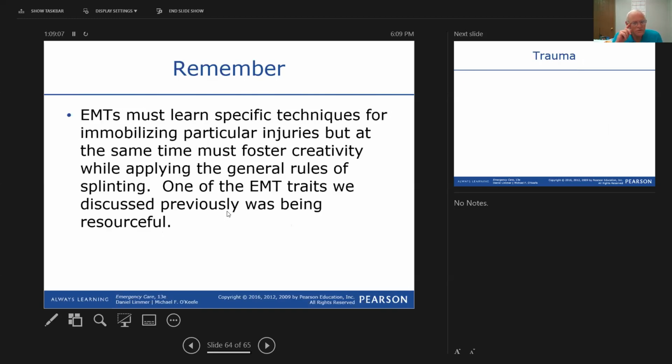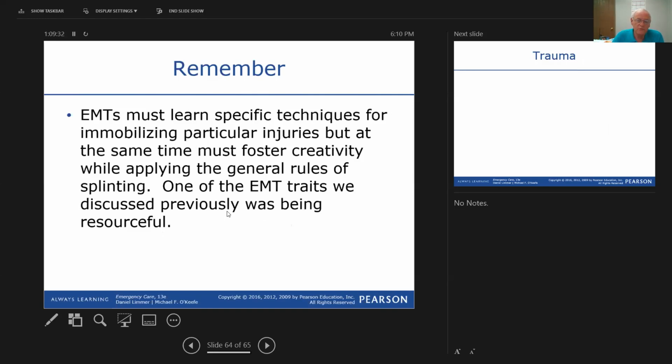You're gonna learn different techniques for mobilizing injuries, but again, one of the traits that we discussed early on for an EMT was to be resourceful. And that's the whole, I can teach you how to splint, I can teach you how to bandage, I can teach you how to backboard, teach you how to manage airways, but I can't tell you how you're gonna do that in that car that's upside down in the ditch and the water's rising. That's something you're gonna have to figure out when you get out there, okay?